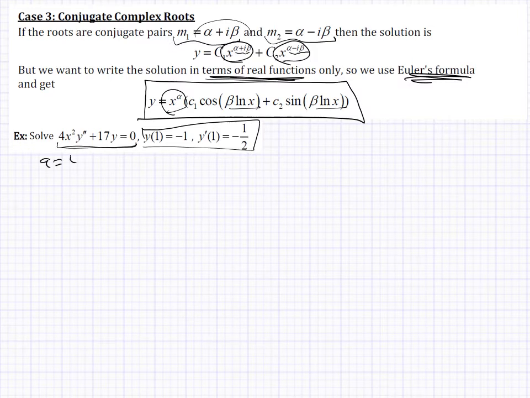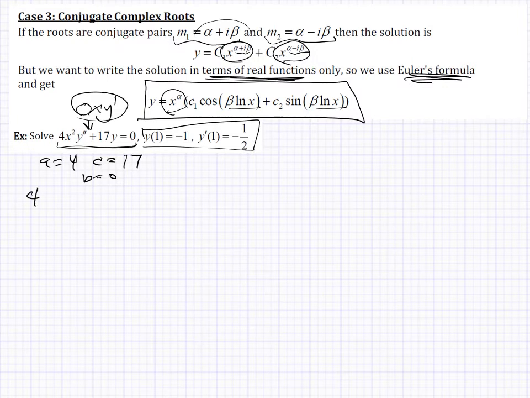A is 4, C is 17. Notice there's no y prime, so in that case B is 0. So we could always write 0 times y prime there inside here, and it's still going to be the same equation, just you see that there would be a b of 0.